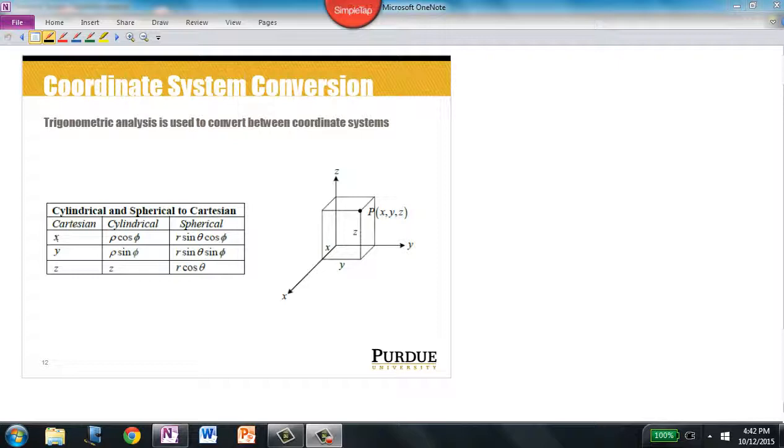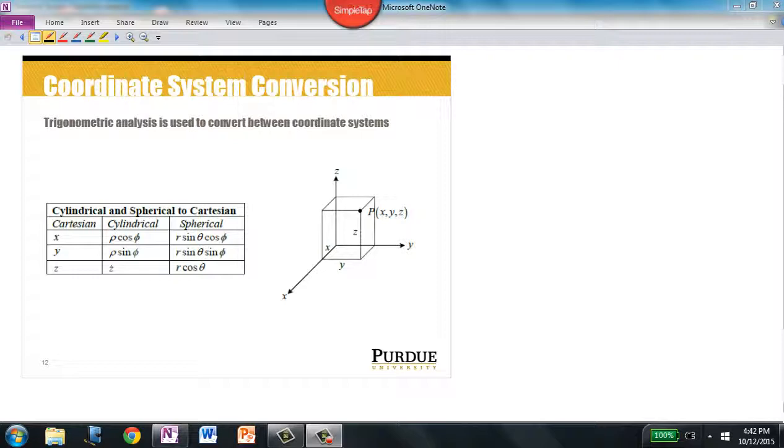So if we start with either cylindrical or spherical, and we want to put those into Cartesian, these are the formulas that we'll use. You take rho cosine phi, that gives you x if you're going from cylindrical to Cartesian. Rho sine phi gives you y.